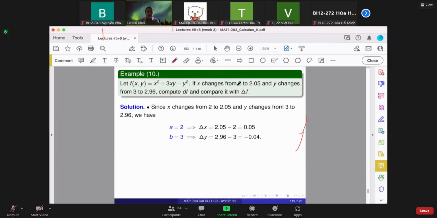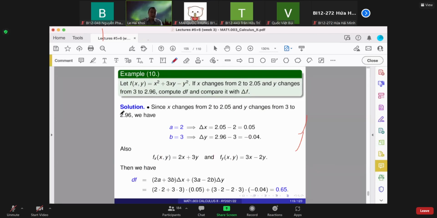So with A equal to 2, B equal to 3, you have delta X and delta Y. Delta Y is negative because it decreased from 3 to 2.96. Then you can compute Fx and Fy as the partial derivatives, and you get the formula for df. Df is the partial derivative at the point A equal to 2 and B equal to 3, and the result you have is 0.65.